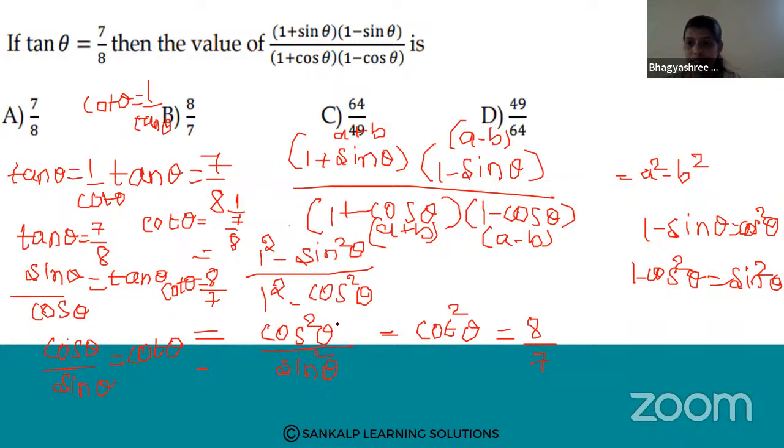But here cos square theta divided by sin square theta is there, so it is 8 square divided by 7 square. 8 square is 64, 7 square is 49. Is it there in the option? Yes, it is there: 64 divided by 49.